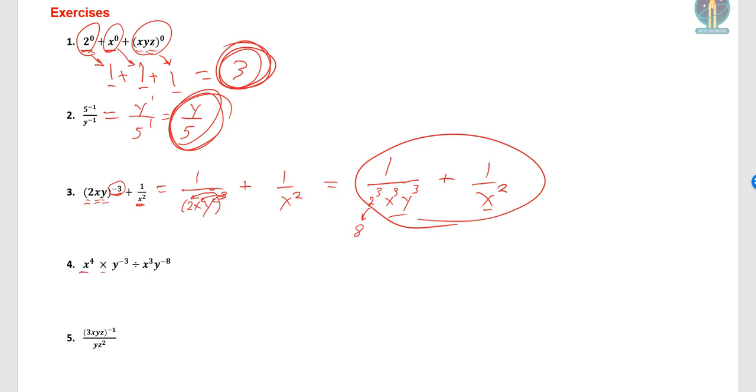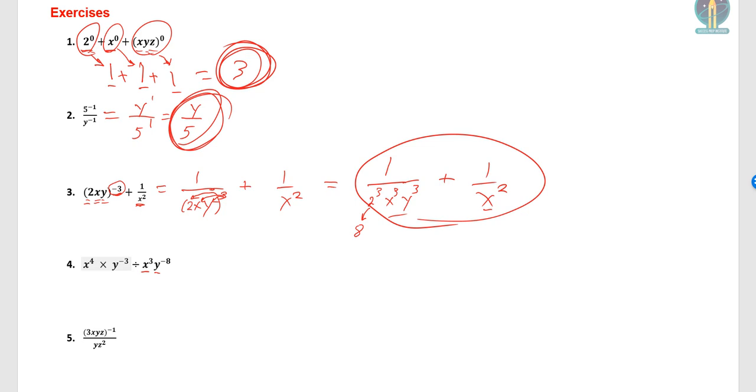x to the fourth times y to the minus third divided by x to the third times y to the minus 8. Well, for this one, there are quite a couple of ways to solve this. First here we have a multiplication, x to the fourth times y to the minus third.